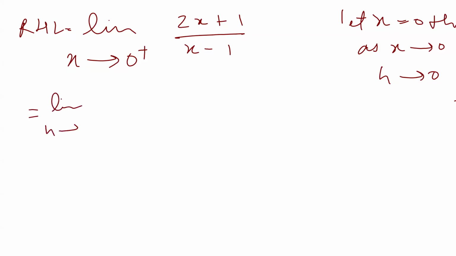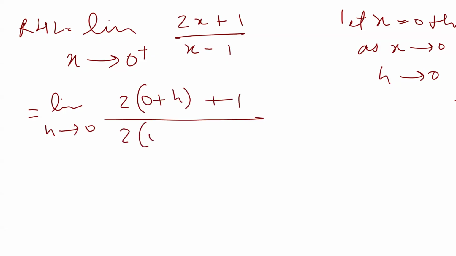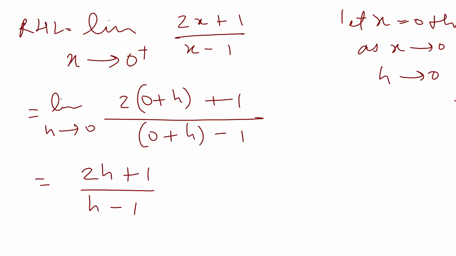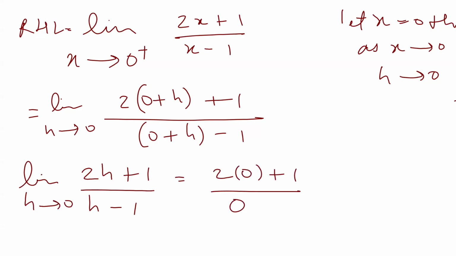Limit h approaching 0, 2 into 0 plus h plus 1 upon 0 plus h minus 1. So 2h plus 1 upon h minus 1. With h approaching 0, 2 into 0 plus 1 upon 0 minus 1, so 1 upon minus 1 is minus 1.